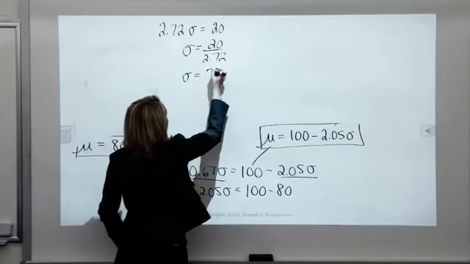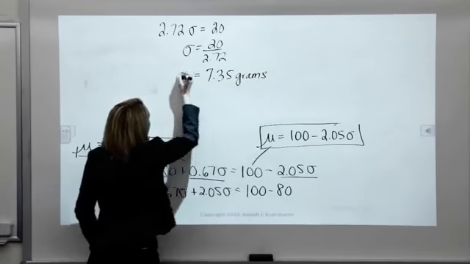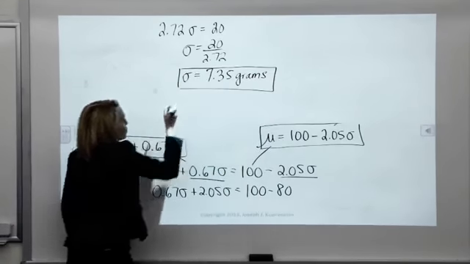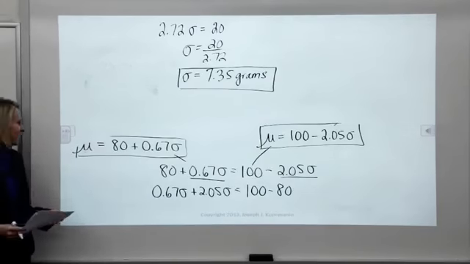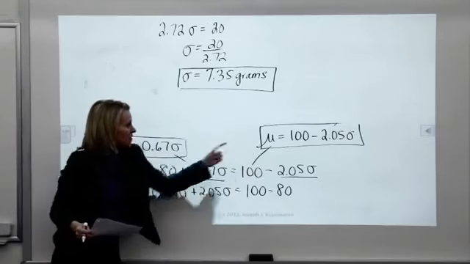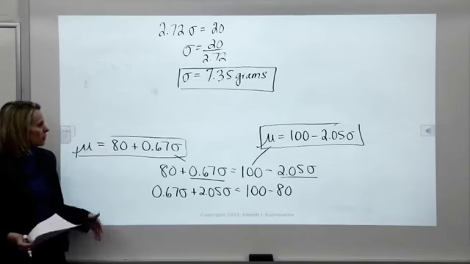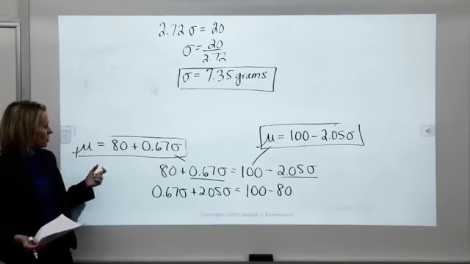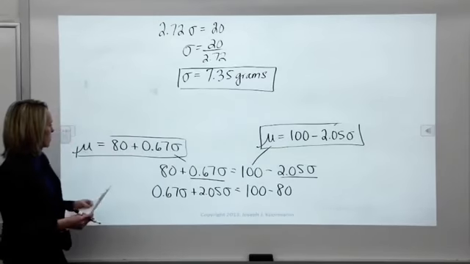Sigma is about 7.35 grams. Almost finished. That's the standard deviation. We still need to know the mean. Take either equation. If you really want to, you could do both, but it'll get the same answer. Plug in the value of sigma, and out should come the mean.